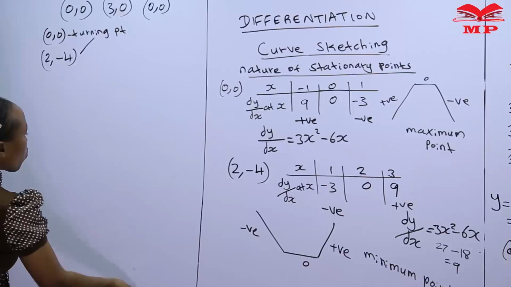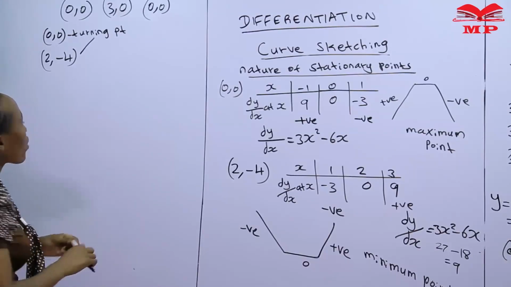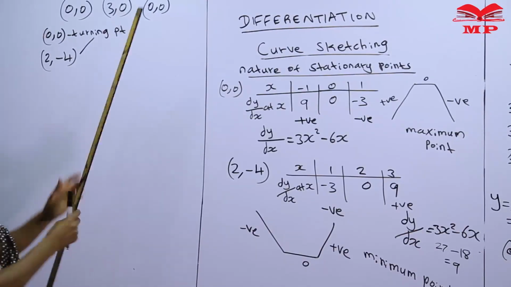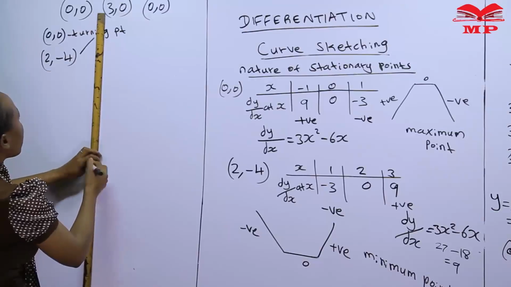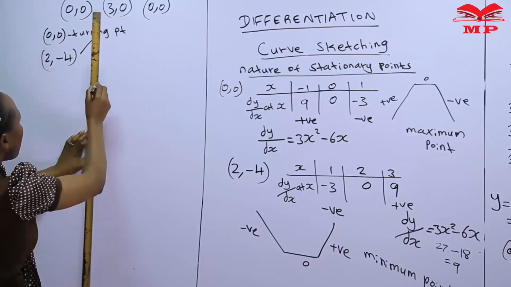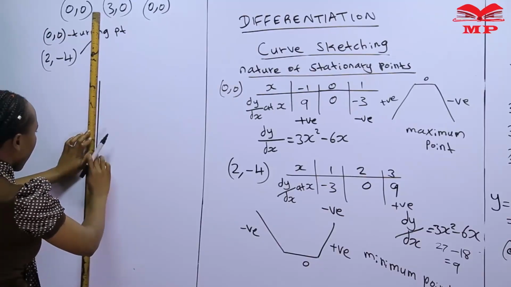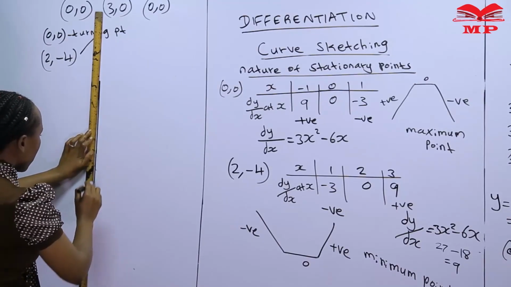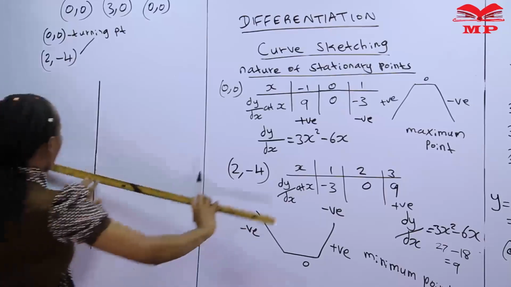We just include whatever we have: 3, 0, and 2, negative 4. So we come and have the sketch, whereby we are going to see the general shape of that curve.